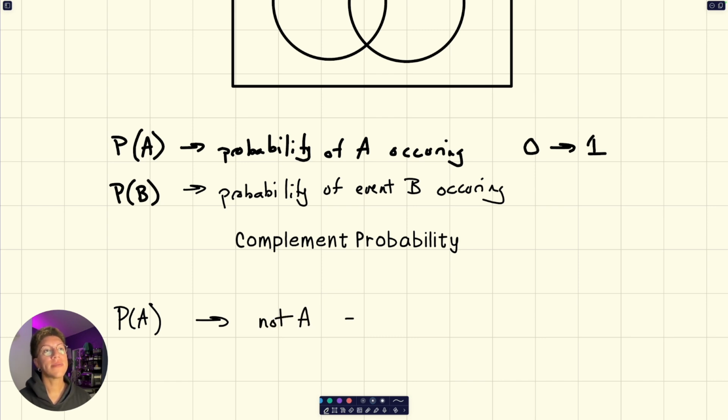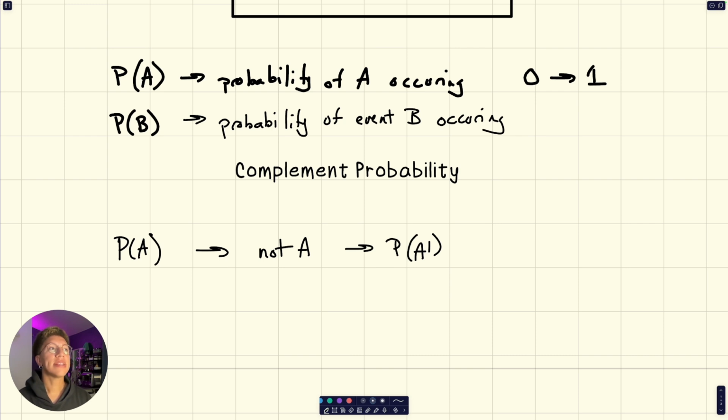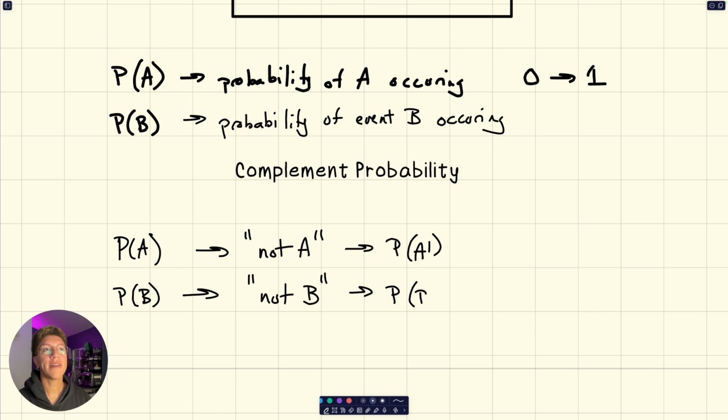And so in math notation, we write that as the probability of A not, like that. And similarly for B, we could say the probability of B is not B, or B not. And the notation for that is exactly the same. So it's probability of B not, like that.